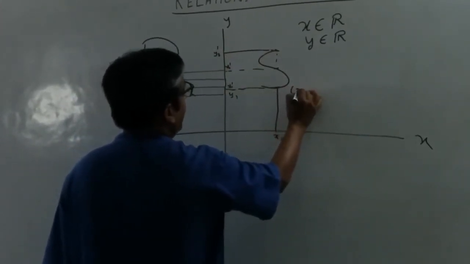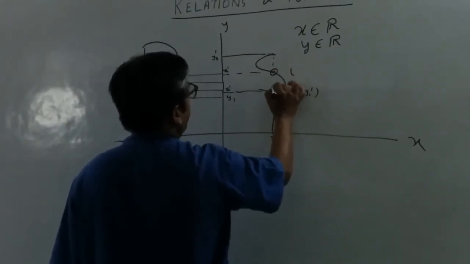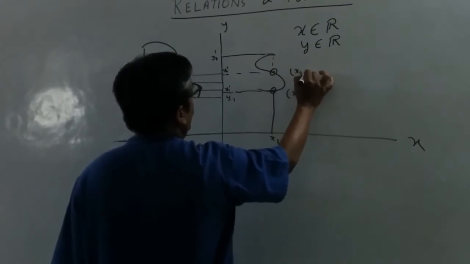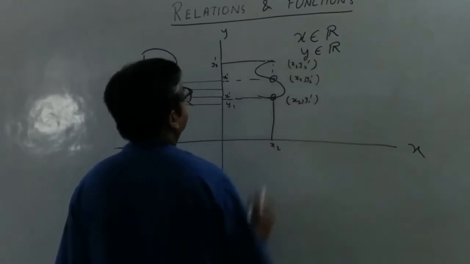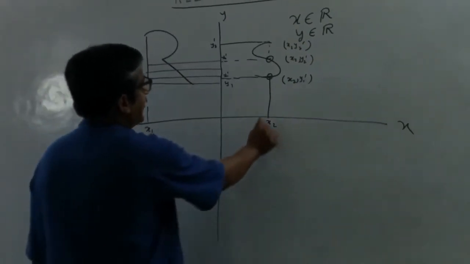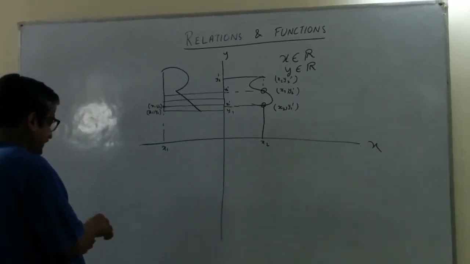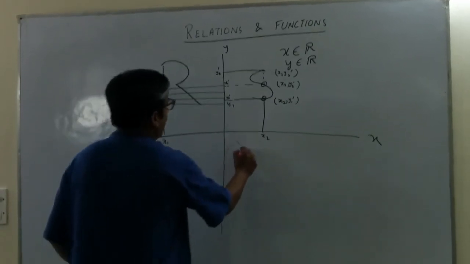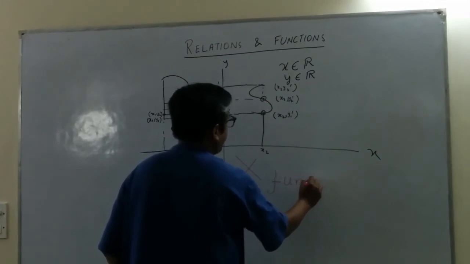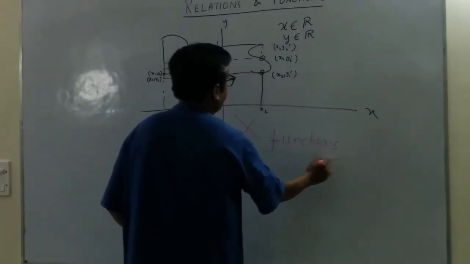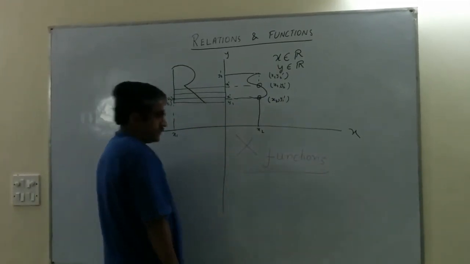So here I get the points x2, y1 prime, x2, y2 prime, and x2, y3 prime. So for the same value of x, we take three values of y. In both these cases, these are not functions. However, they are indeed relations.